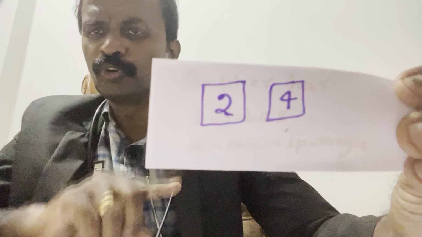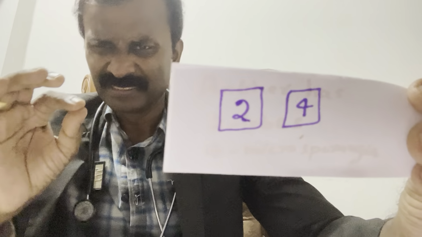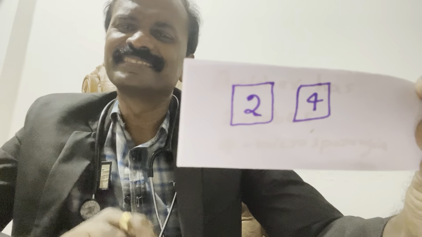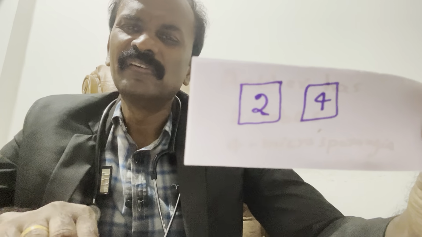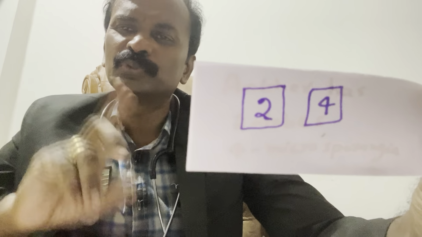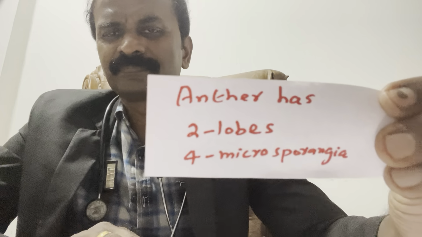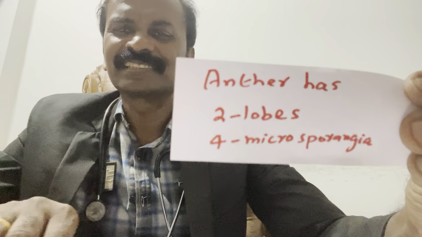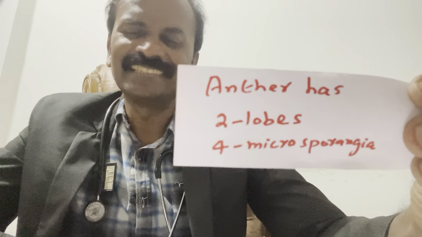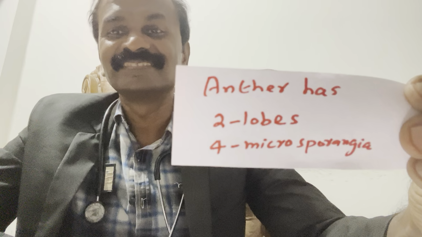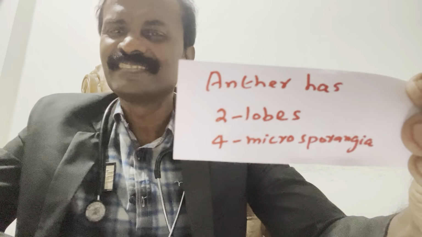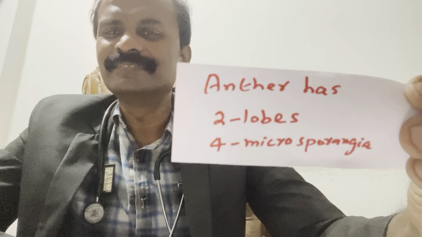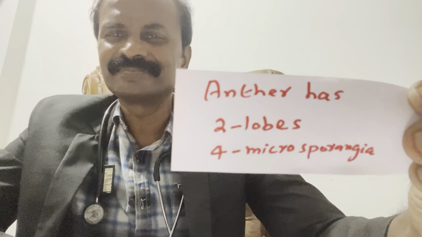What is the word "2 for"? This is the real NEET preparation. You can answer 2 tough MCQs if you know this thing. Anther has 2 lobes and 4 microsporangia. That is, anther is called bilobed.